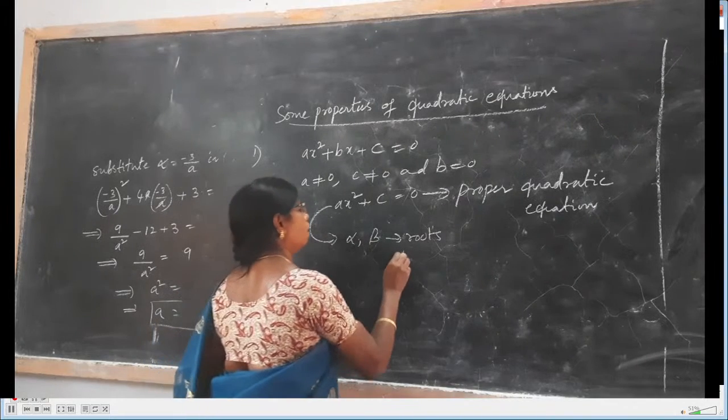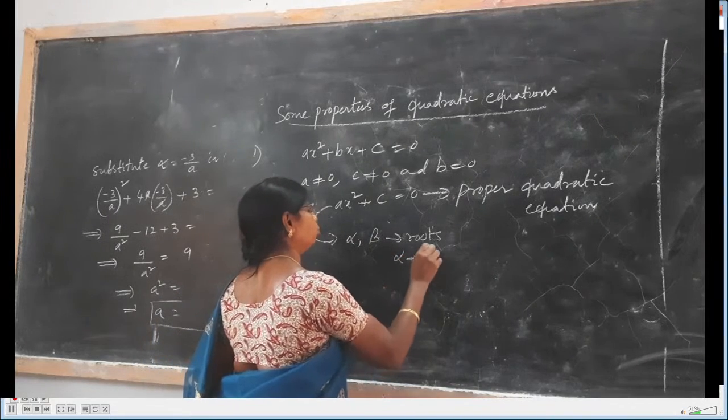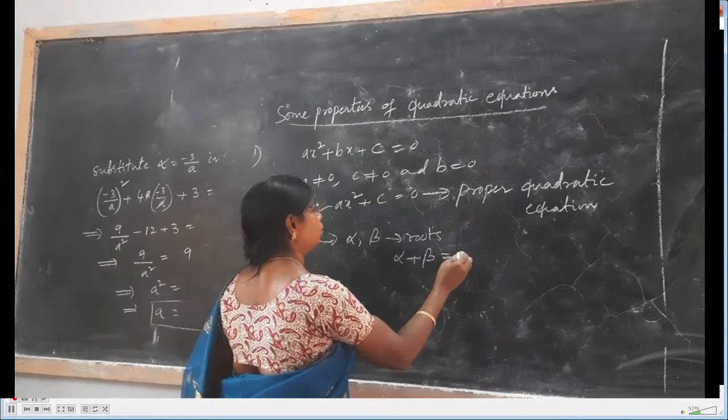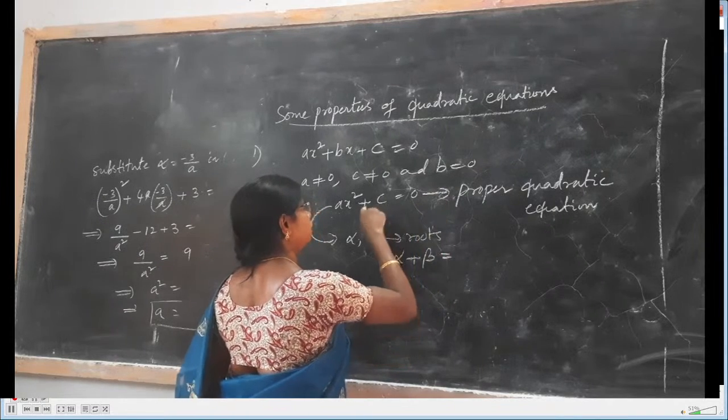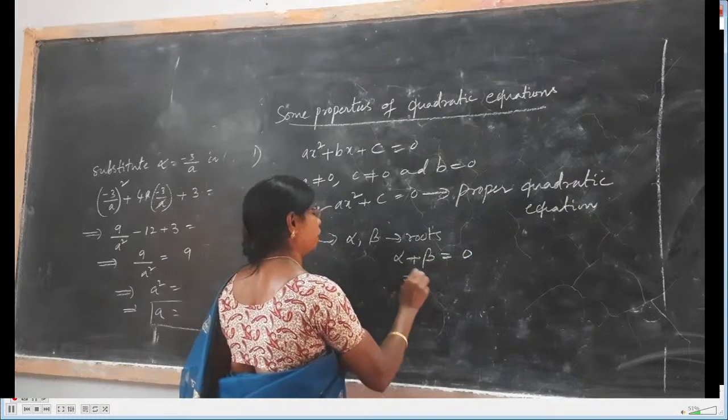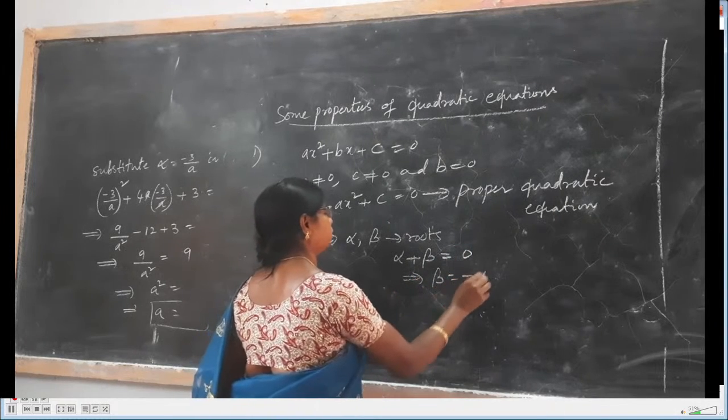What is the sum of these two roots? Alpha plus beta is equal to minus b by a. B is 0, so 0. This implies beta is equal to minus alpha.